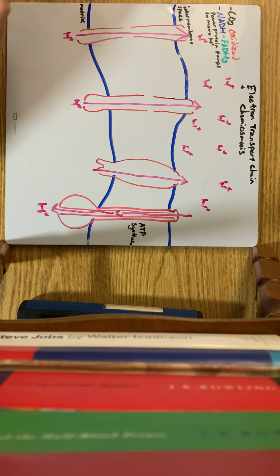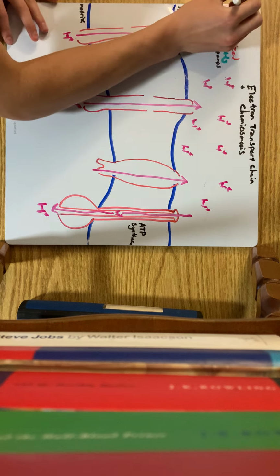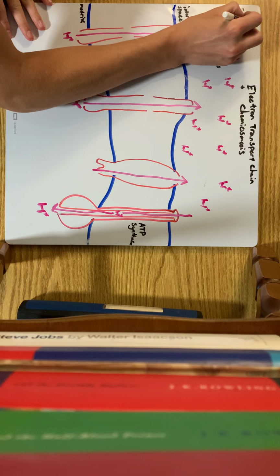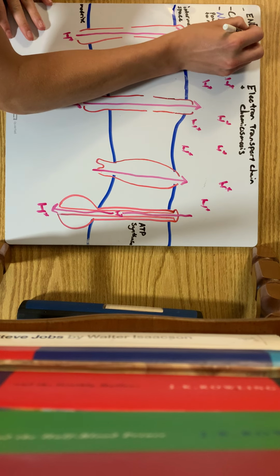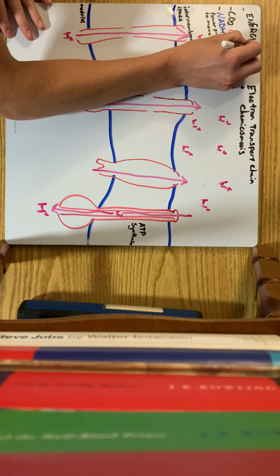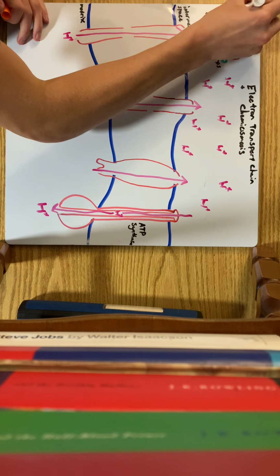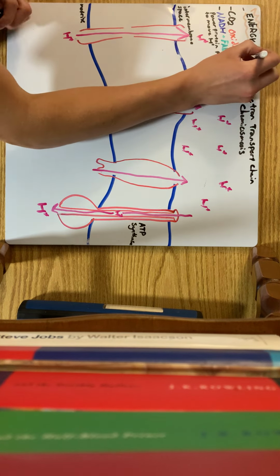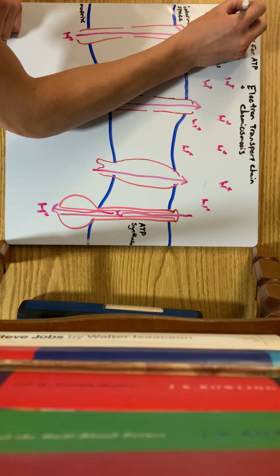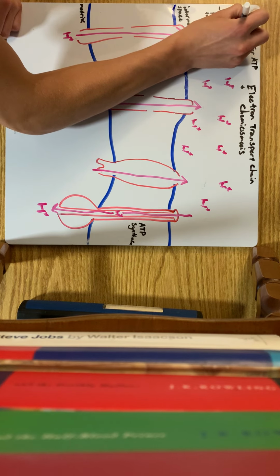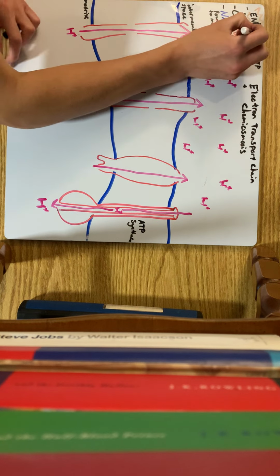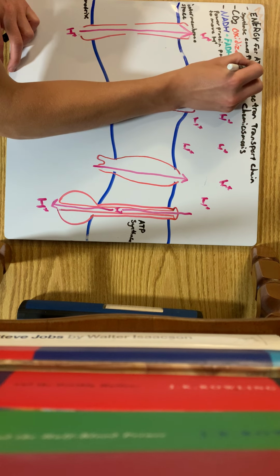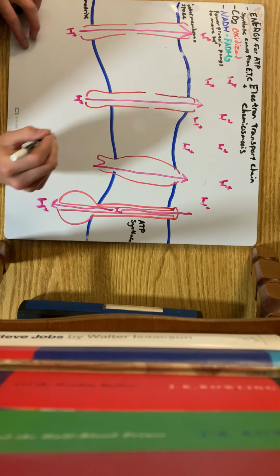In the electron transport chain, the third thing to remember, as I realize I run out of room, is all the energy for ATP synthase, chemiosmosis, comes from the electron transport chain.